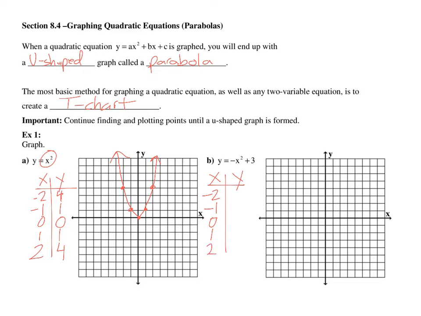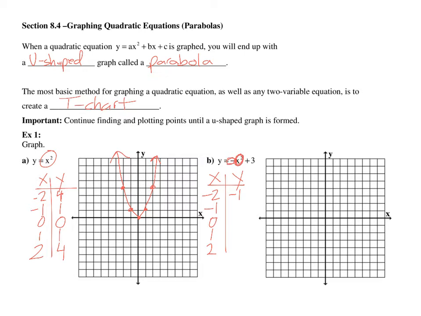So I plug -2 in. I get -2 squared, which is 4, but then I have this negative on the outside, so it becomes -4, and plus 3 is -1. Then I have -1. I plug it in here. I get 1.